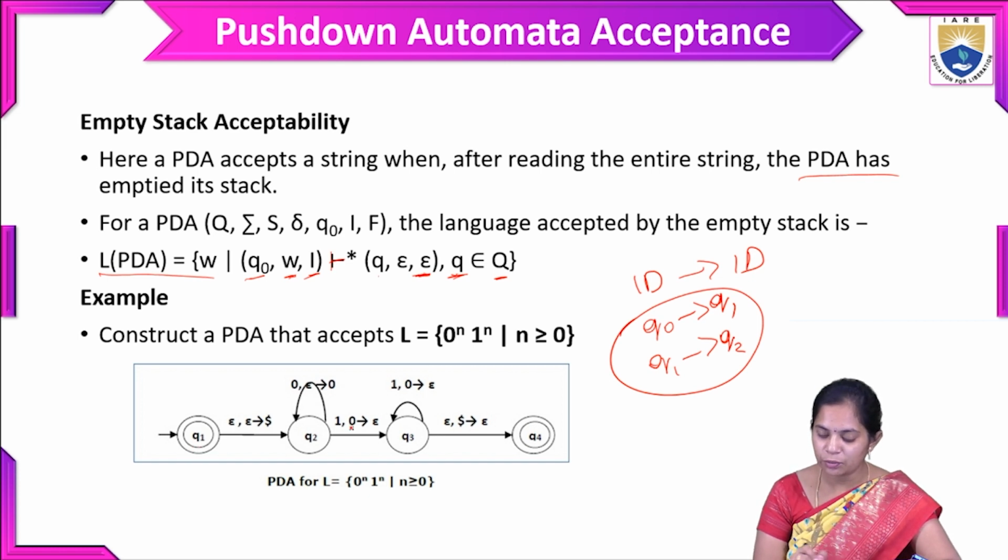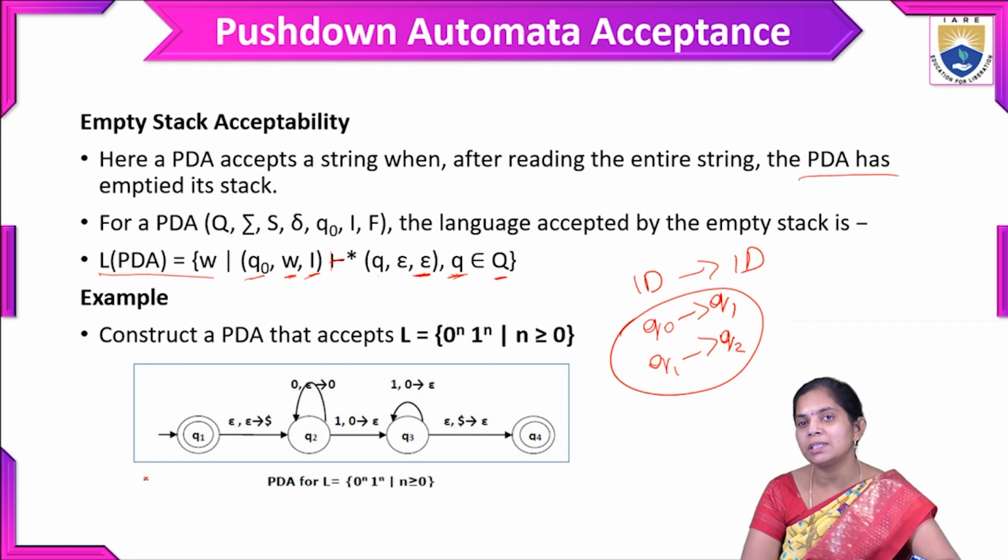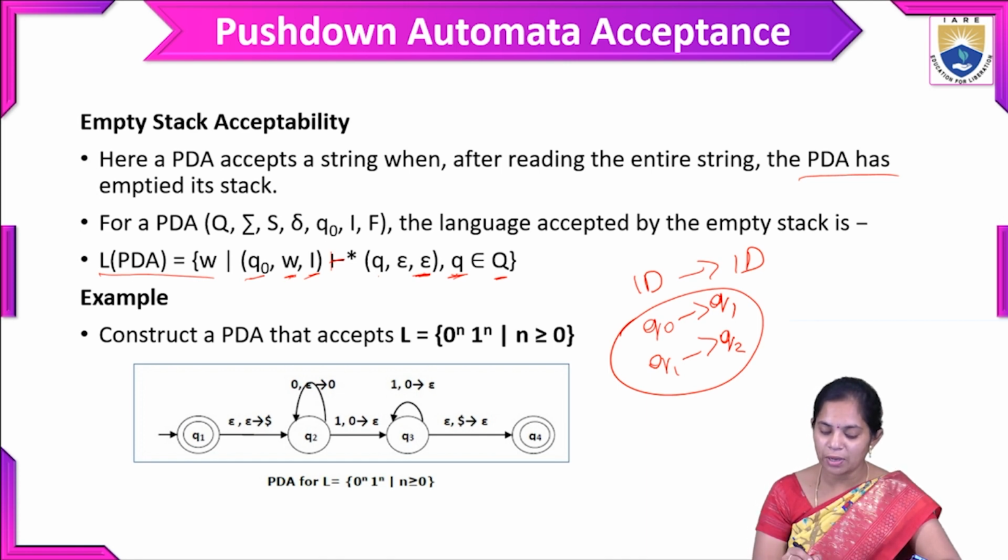Two final states are there, Q1 and Q4. Initially we give an initial stack symbol, and later for 0 power n and 1 power n, we insert 0 into the stack for each 0 input symbol, and we pop the 0 when the input symbol 1 comes. Like this, we constructed a pushdown automata.